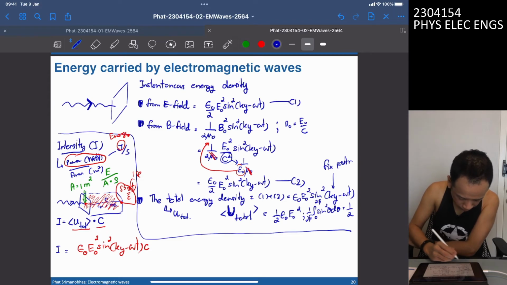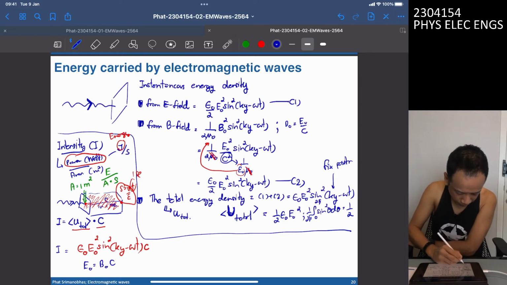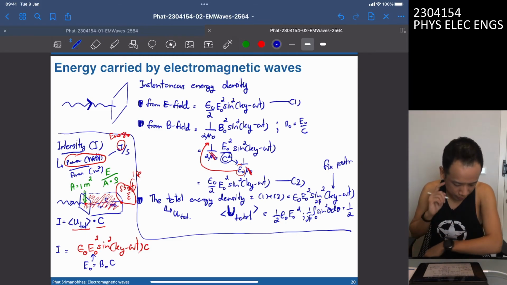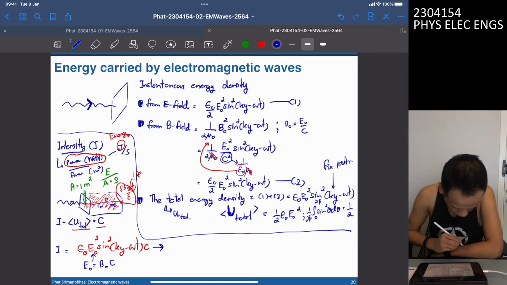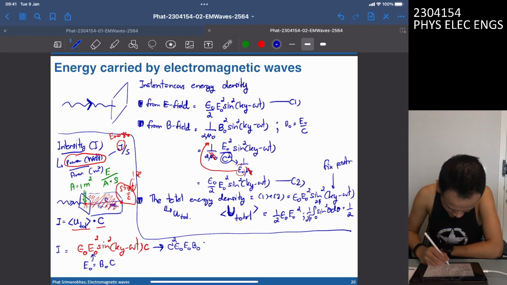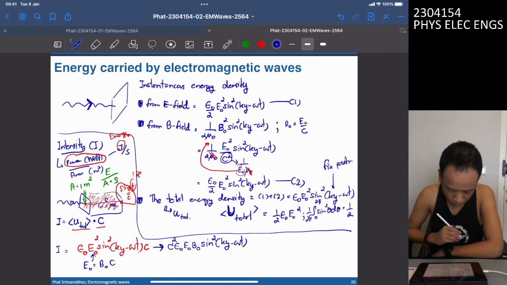So you have E0 equal to B0 c, right? So what you try to do is replace one of the E0, not E squared, so you take one of the E and write it in the B form. What you're going to have is, I place the c here, you have epsilon 0, you have E0, and then you have B0 c multiplied by c, so it's c squared, times psi square of ky minus omega t.